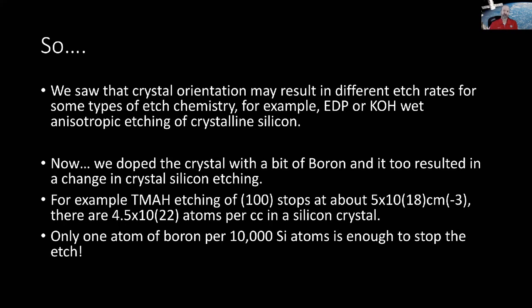So that's 1 boron atom every 10,000 silicon atoms that will stop the etch, which is kind of amazing, right? So you don't need a lot of doping to create an etch stop. When you think about it, it's only 1 boron atom per 10,000 silicon atoms.